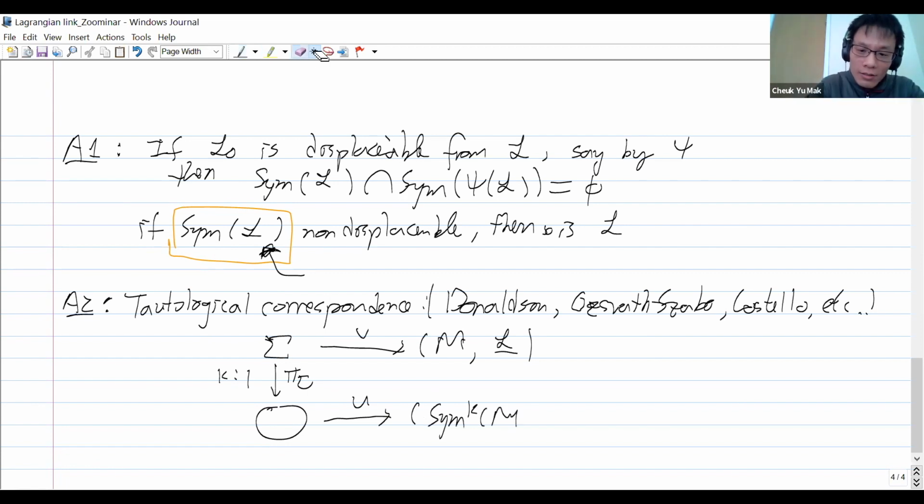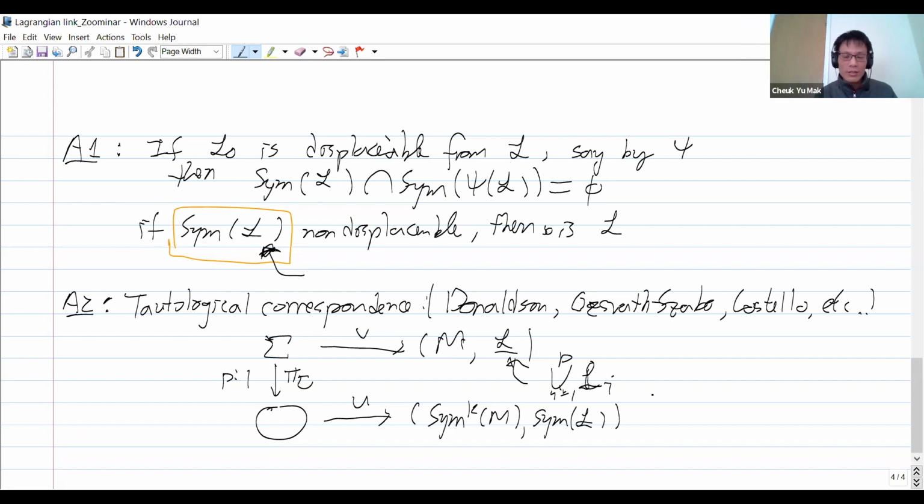Maybe this is P, so this is a union of P connected components, Li for i from 1 to P. So the data of U and the pair of maps V and pi are tautologically related in the sense that one determines the other.